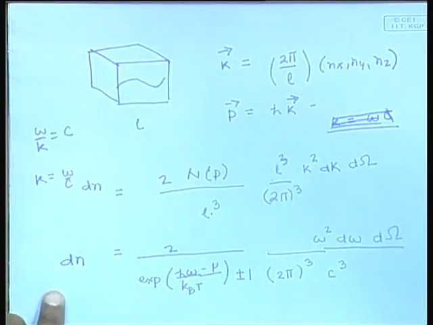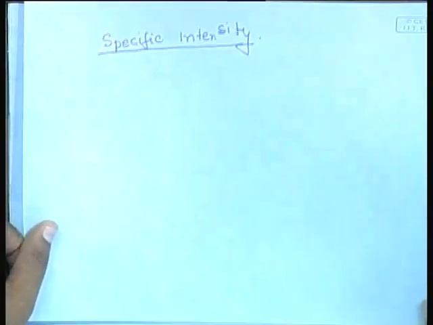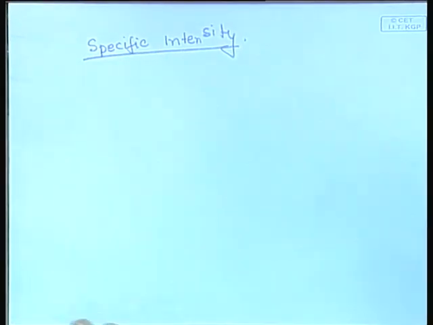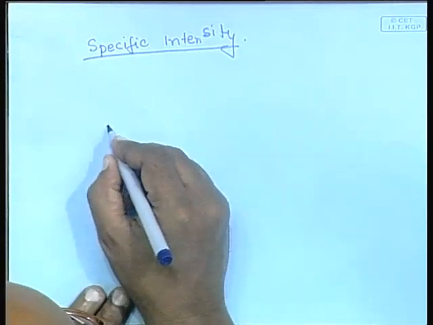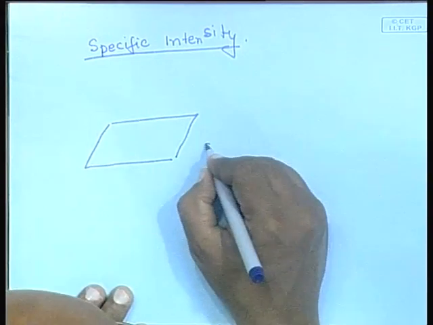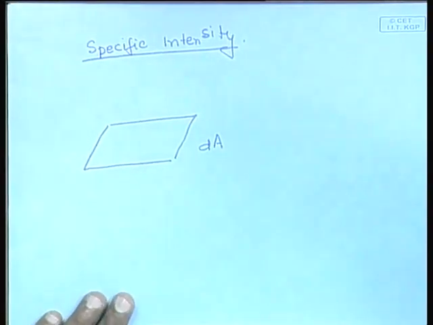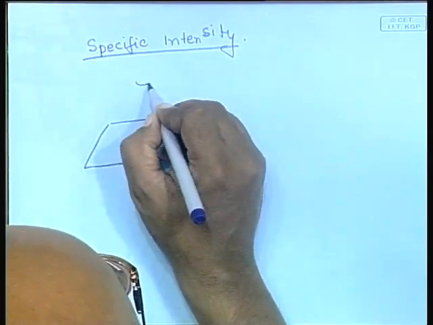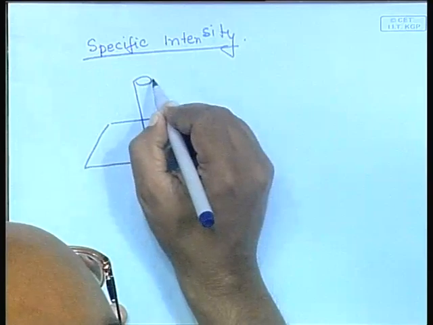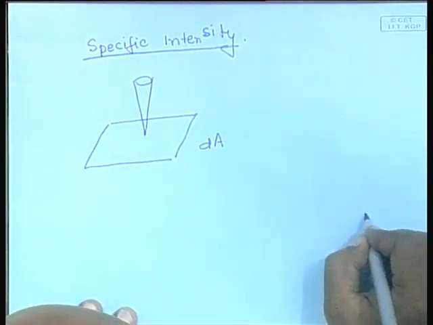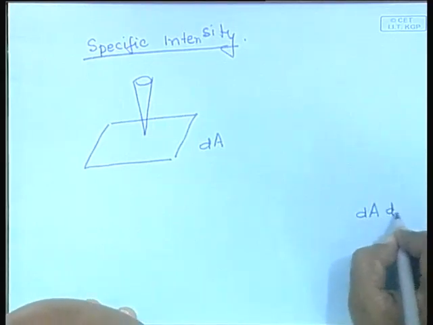Now, given this, let us calculate the specific intensity, which we shall define now. The specific intensity is defined as follows. Let us take a unit surface of area dA and ask the question, what is the energy that comes in through a solid angle d omega.